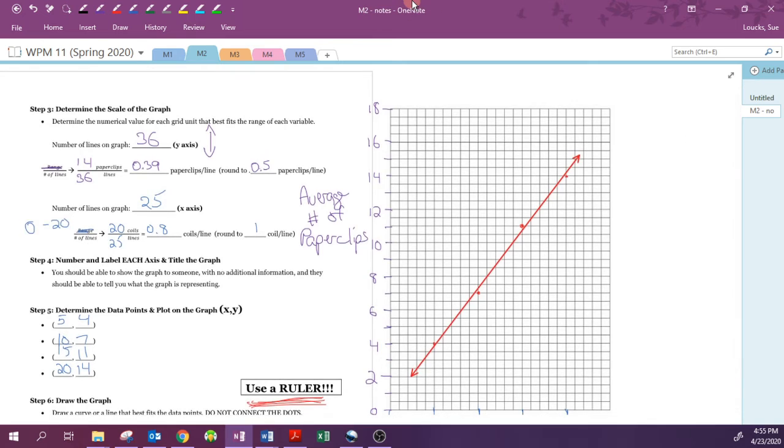Okay, so my title is going to be the effect of increasing coils on the number of paper clips an electromagnet picks up.